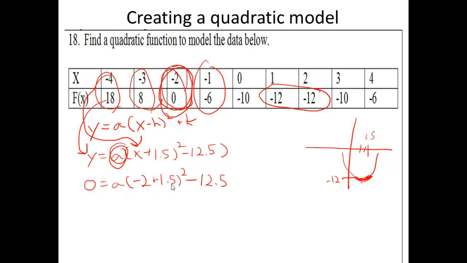So negative 2 plus 1.5 is going to be negative 0.5. And when we square that negative 0.5, we're going to have 0.25. We are going to add this to both sides.